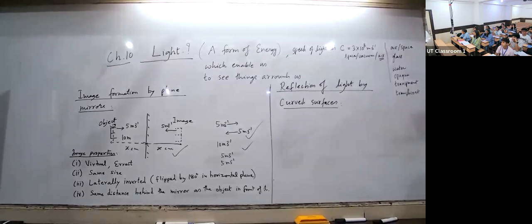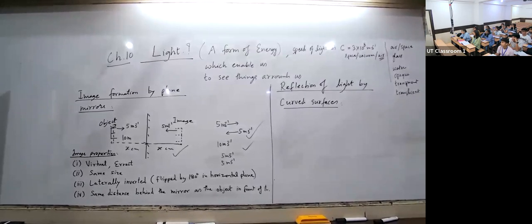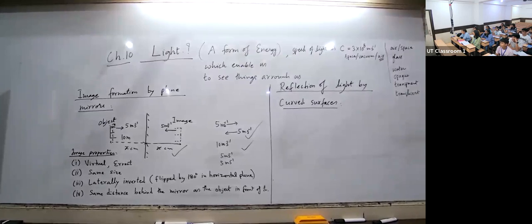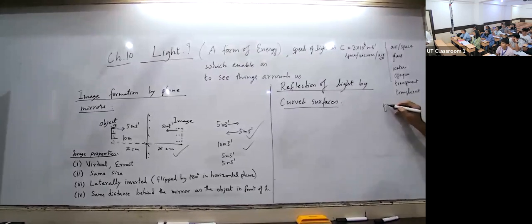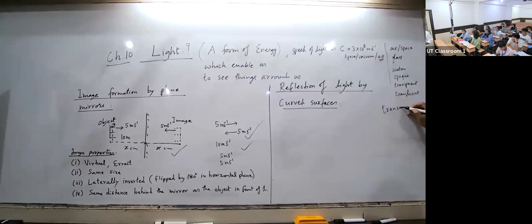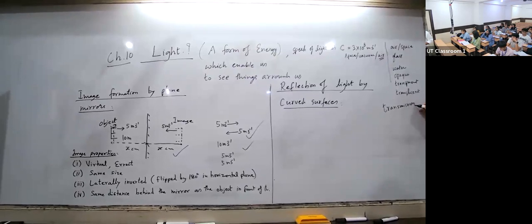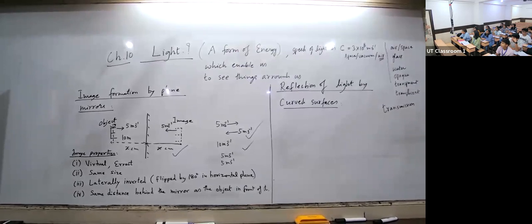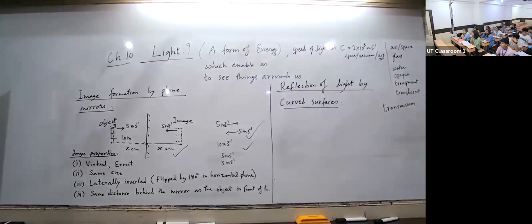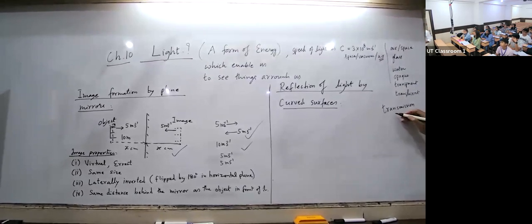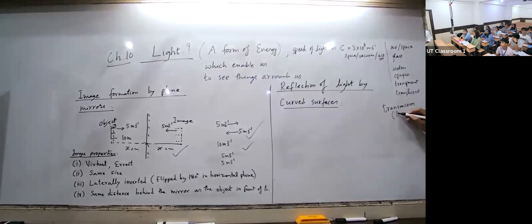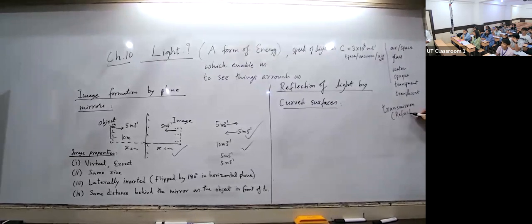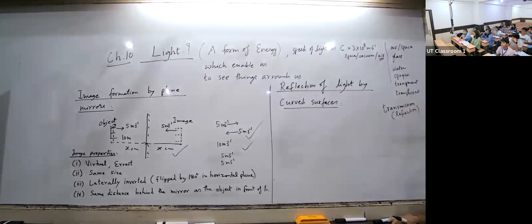When the light passes across the medium, it is called transmission. When it is bounced back, it is called reflection. And when it is transmitting, it suffers something called refraction. What is refraction?